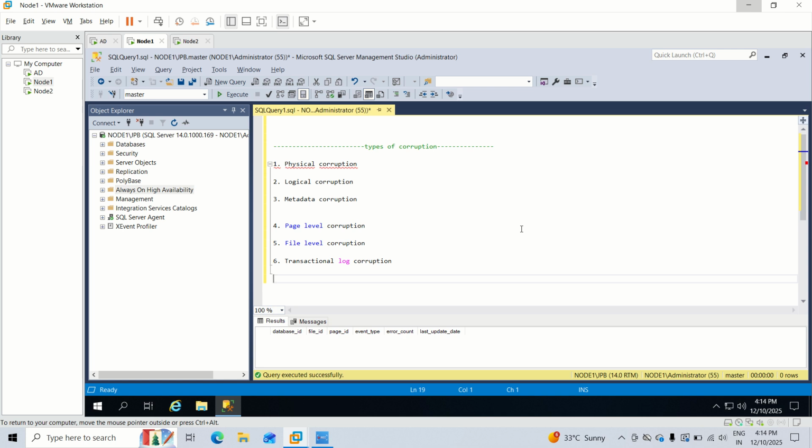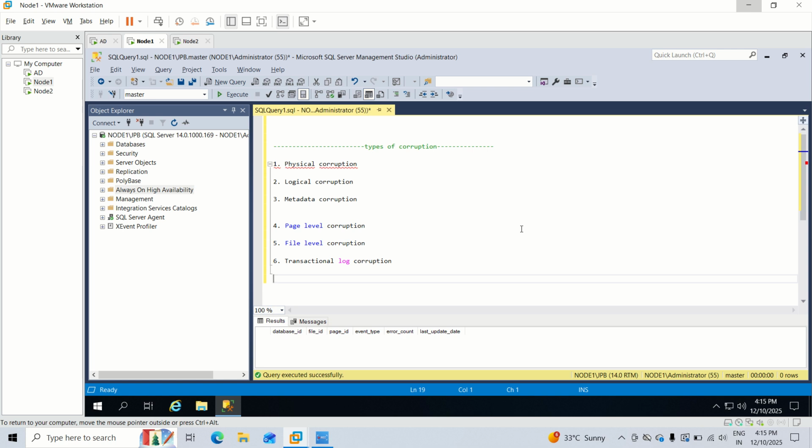Causes include a sudden crash, I/O issues, and unfinished transactions. Symptoms are the database going into recovery pending state, failure to start the database, and inability to roll back.